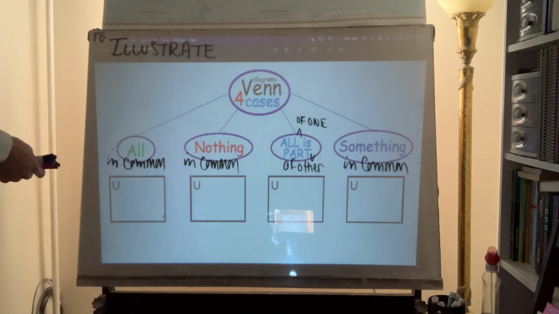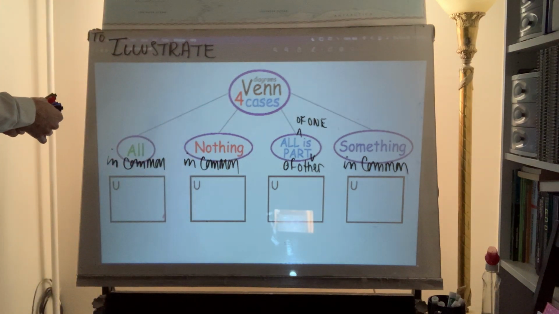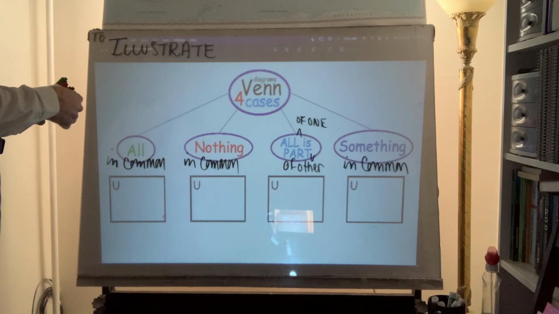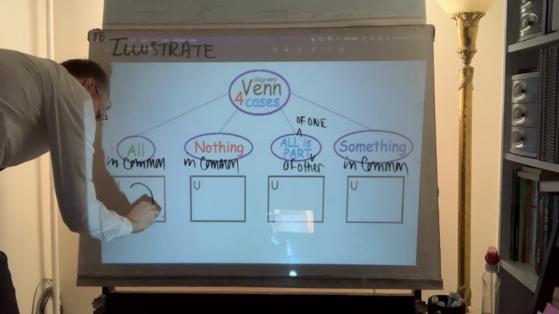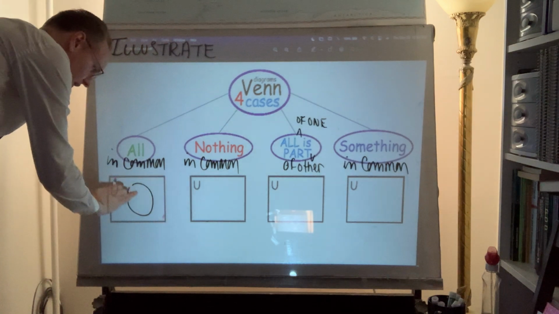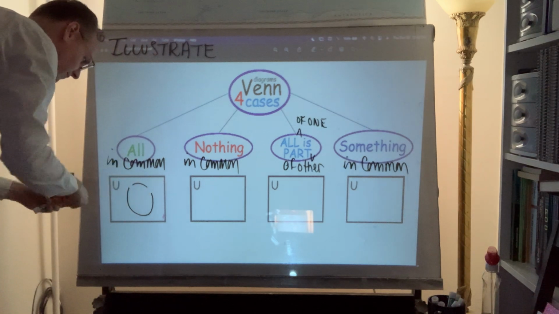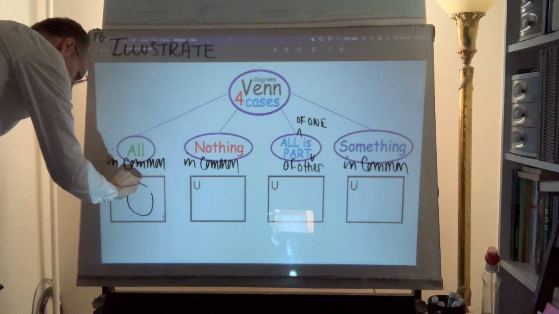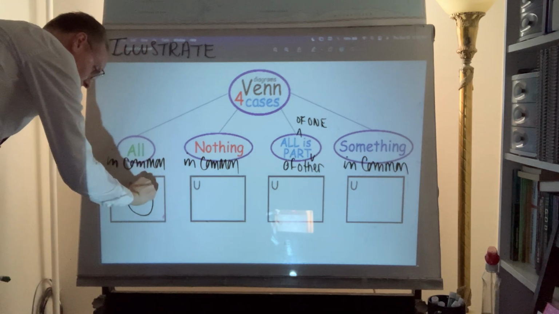Now, perhaps I could expand it. If you need to illustrate a circle that is just a single circle on the inside of the universal set box rectangle, but it is designated two different letters, I'm going to tuck a little A in here, and then simultaneously a little B next to it.